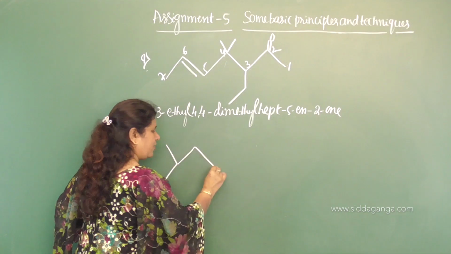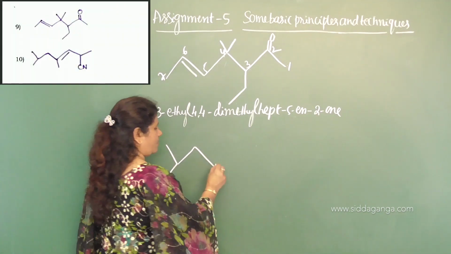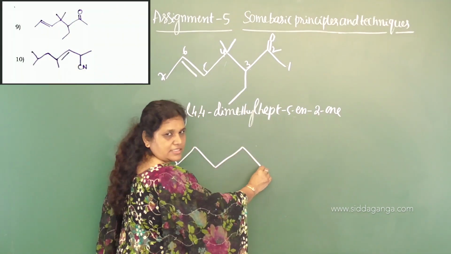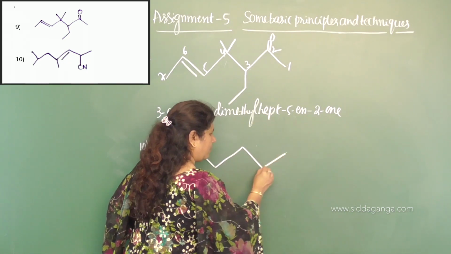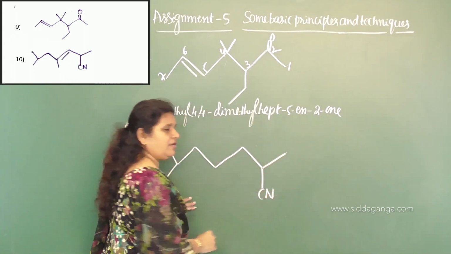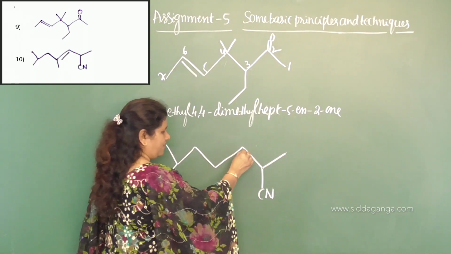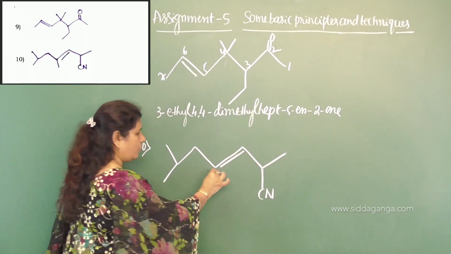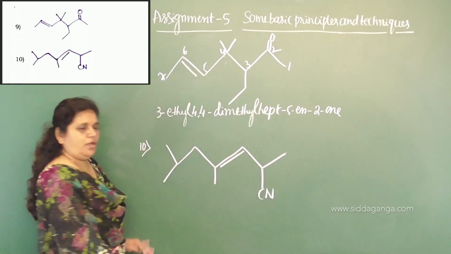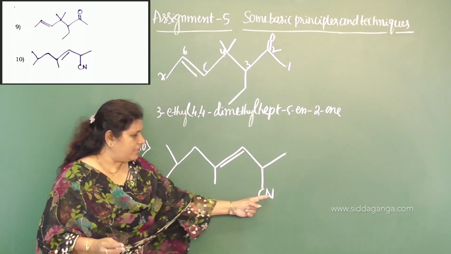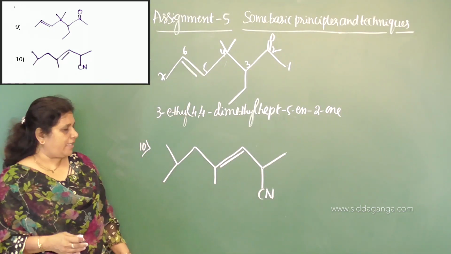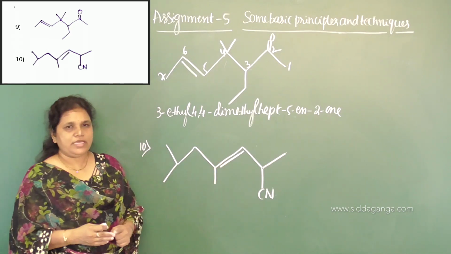So, this is the given compound, and here is CN, correct? And here is a double bond and one more methyl group. Now, which is the functional group here? Cyanide. Nitrile is the secondary suffix. Double bond is also there.